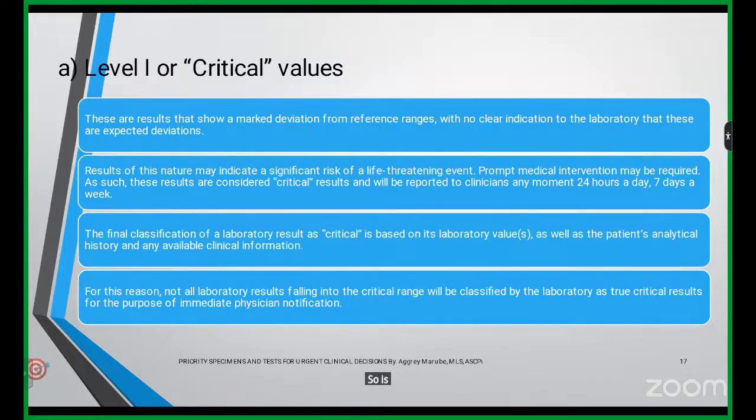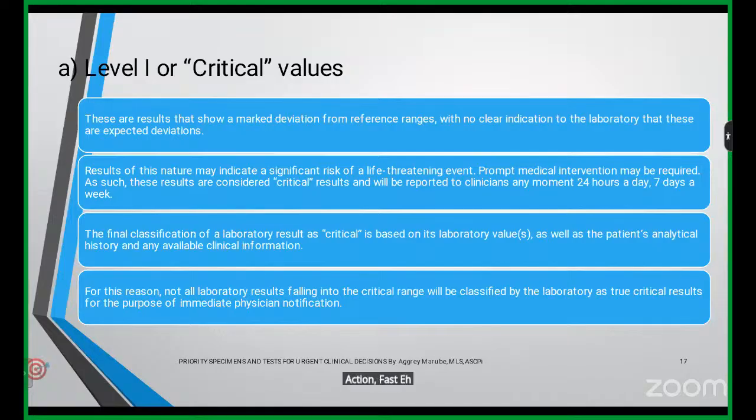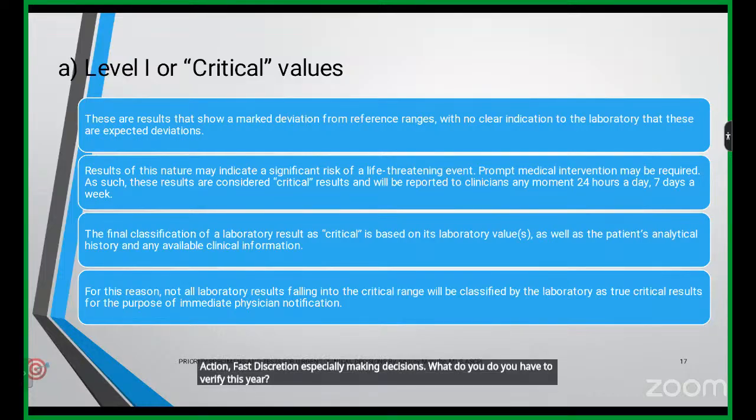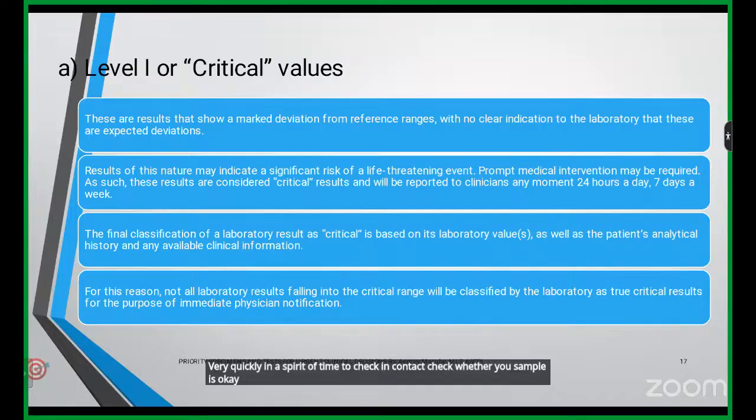Here is where medical laboratory scientists should be trained on fast action, fast discretion, especially in making decisions. You have to verify these results very quickly, to counter check whether your sample is okay, your machine is okay.